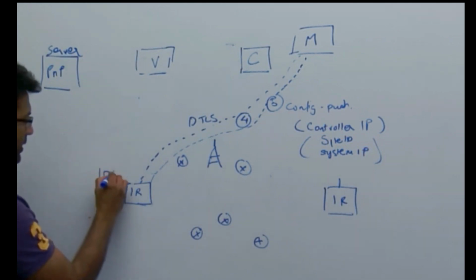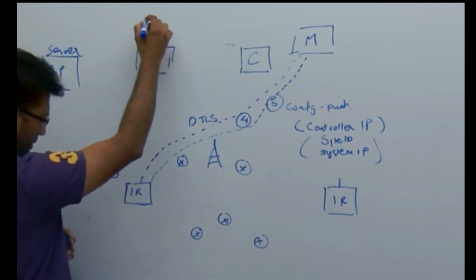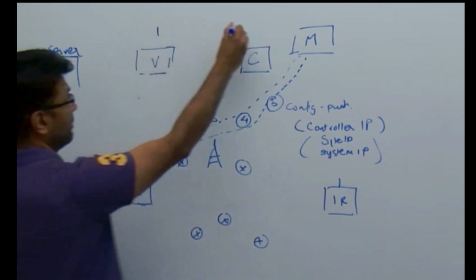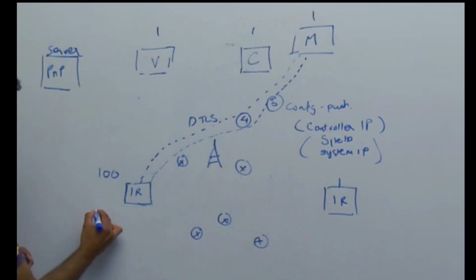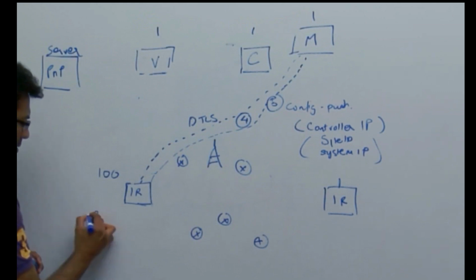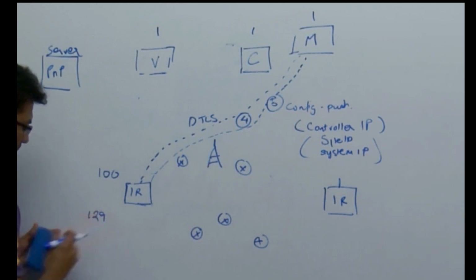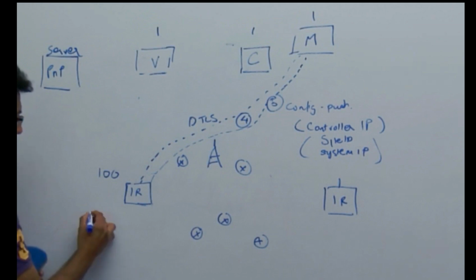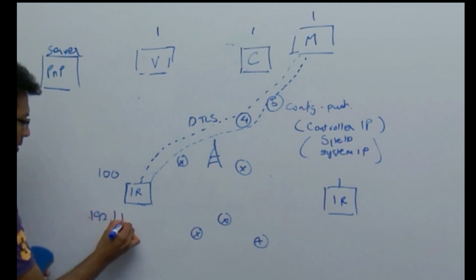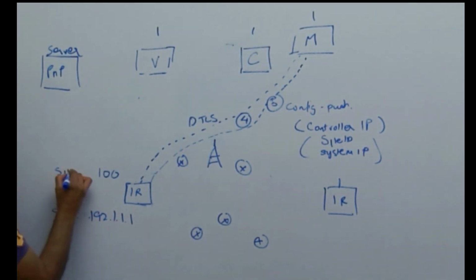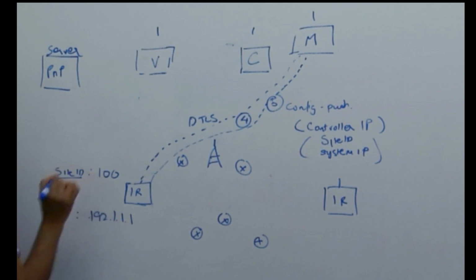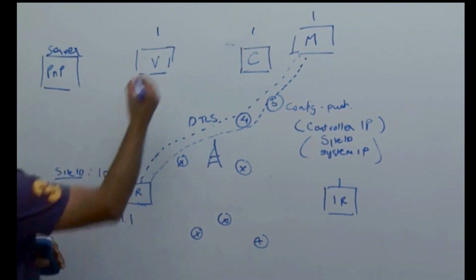Let's give it site 100. Let's give the controllers a site ID of 1. Let's give this a system IP of 192.1.1.1. So that's the system IP, and that's the site ID: site ID of 100, system IP of 192.1.1.1.